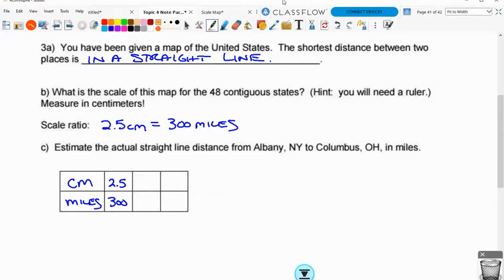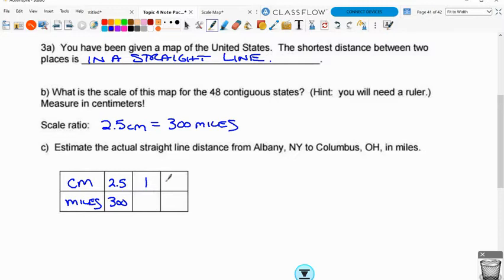So since the distance was 4.2 centimeters, I would have to figure out how to scale from 2.5 centimeters to 4.2 centimeters. And that's actually a tough way to scale. So what I'm going to do instead, I'm going to first figure out how many centimeters, or excuse me, how many miles 1 centimeter is going to be equal to.